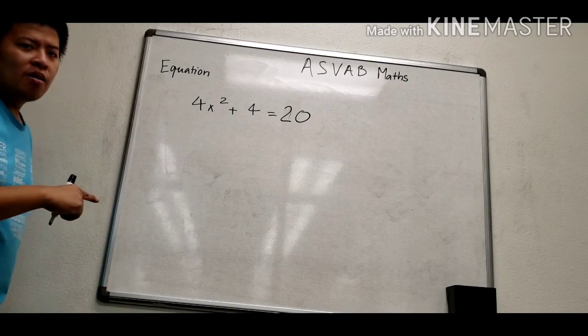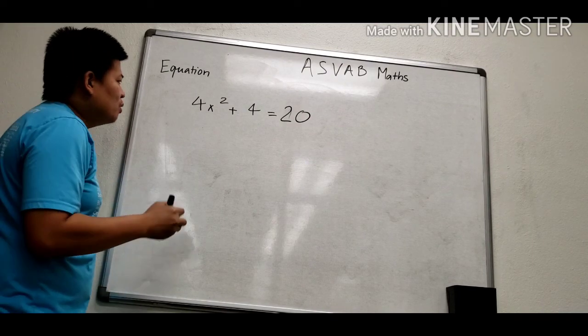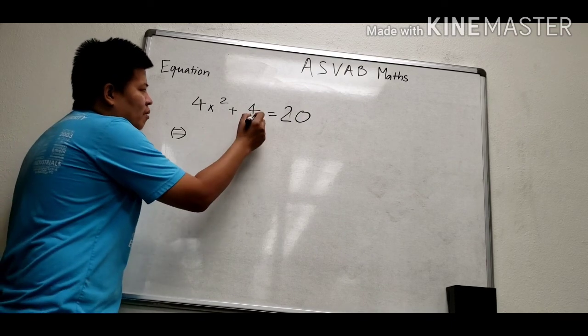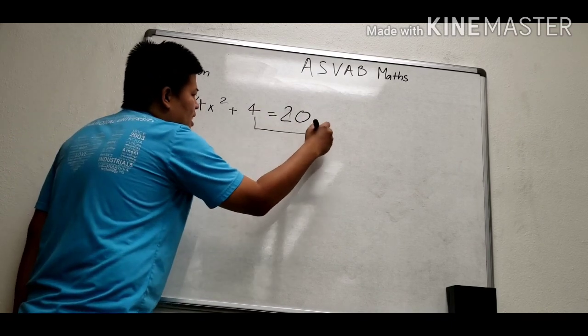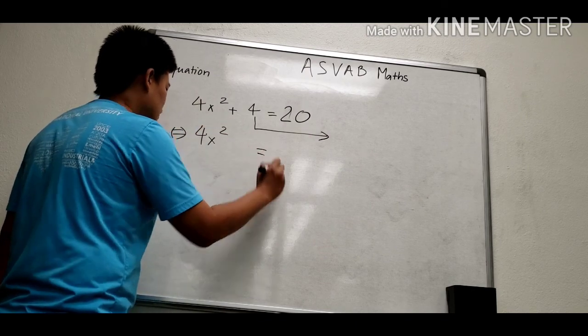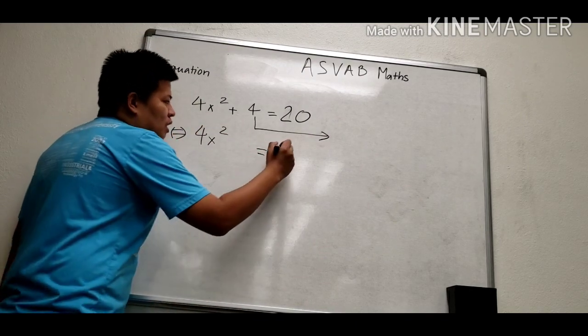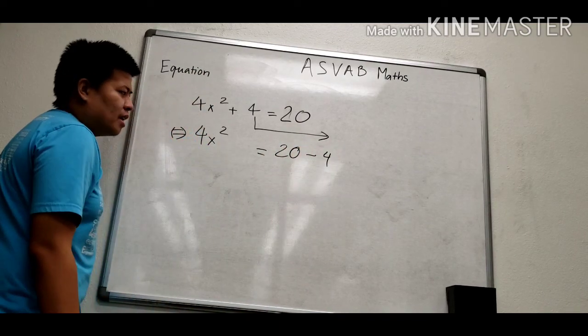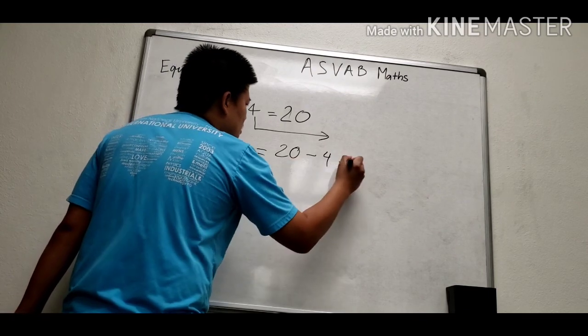So that's about the exponent, so I will show for you. We have number 4 in here, we move to this side, so we have 4s power 2 equal to 20 minus 4, and this is about 16.